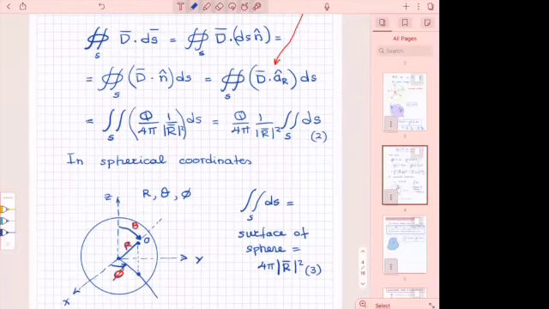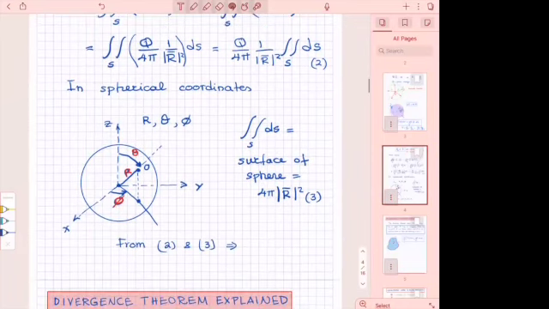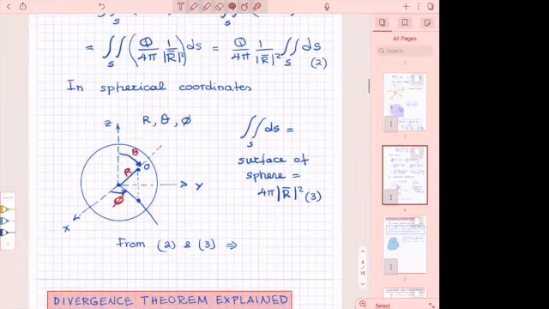That finally this one, where I started, is nothing else but Q. All right, if I plug 3 into 2, I find a very important result: the volume integral of the divergence of D over this volume is equal to the charge that is surrounded by this volume. Okay, and this is very important to remember because we are solving problems with that.